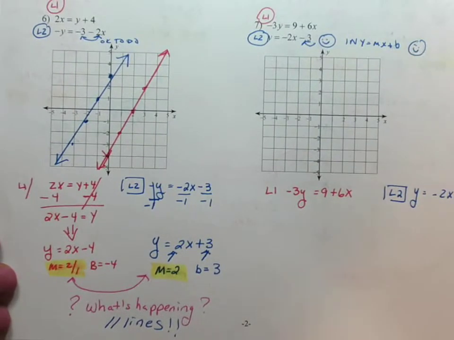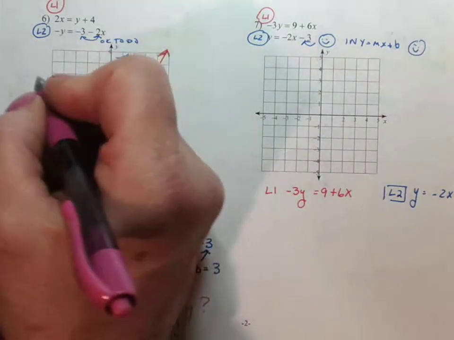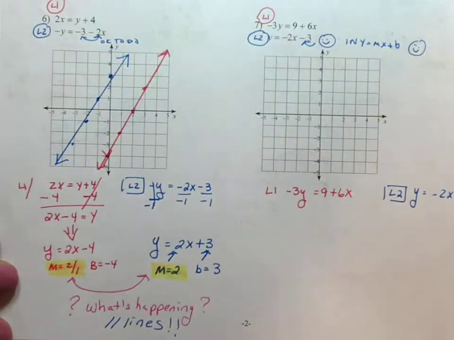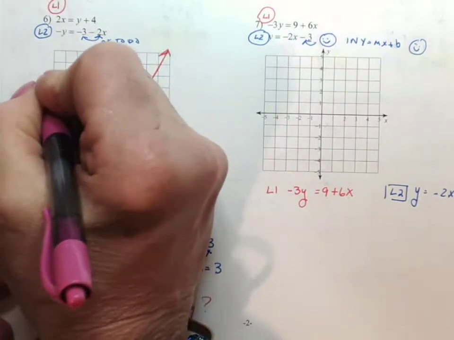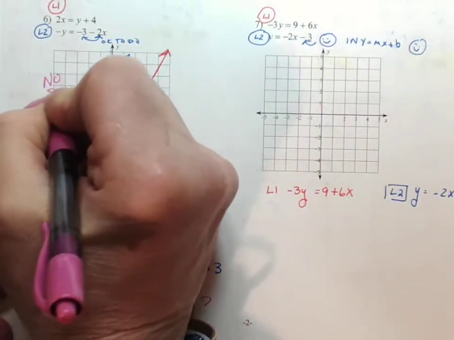So for number 6, you should be seeing that the solution here is we have parallel lines. They do not intersect. So there is no solution.